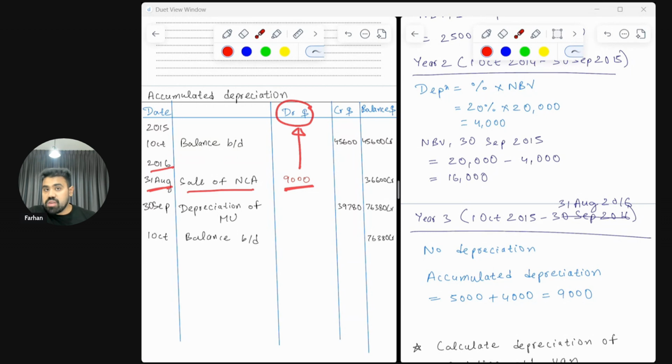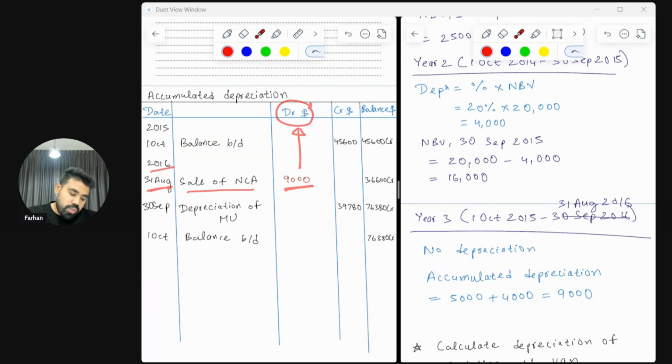Because as we have discussed earlier, accumulated depreciation is a contra asset account, which has a credit opening balance, which means when accumulated depreciation goes up, it is always credit, and when it goes down, it's always debited. Because we are getting rid of this asset which we had sold, and because we have to remove this from the books, we have to debit it within the accumulated depreciation to reflect that removal.